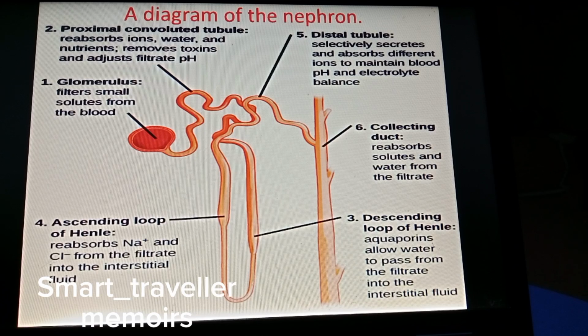And we have made sure that we have given the functions. For example, the function of the proximal convoluted tubule: reabsorbs ions, water, and nutrients, removes toxins, and adjusts filtrate pH.